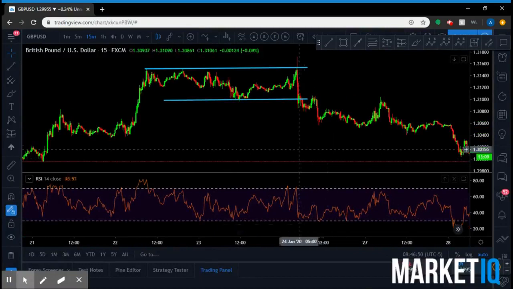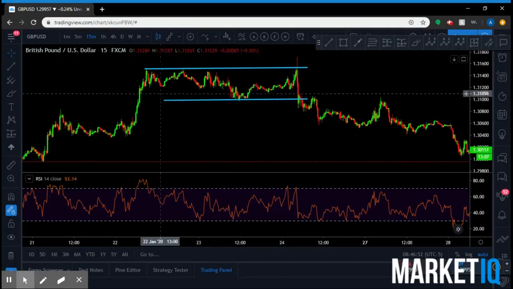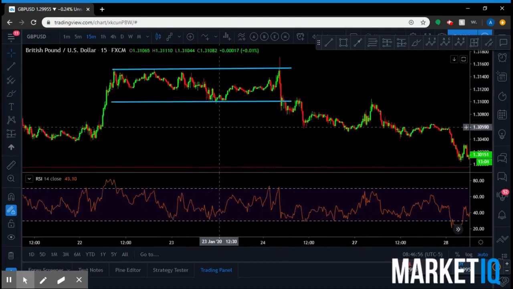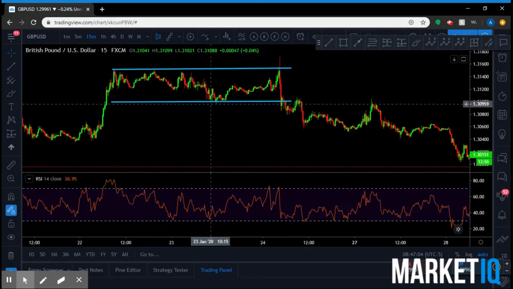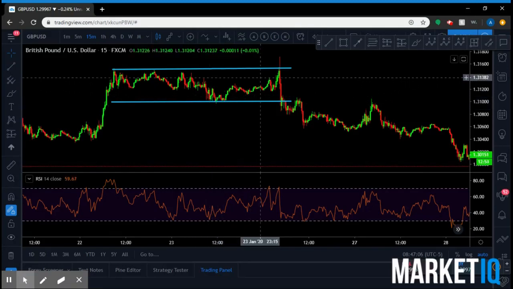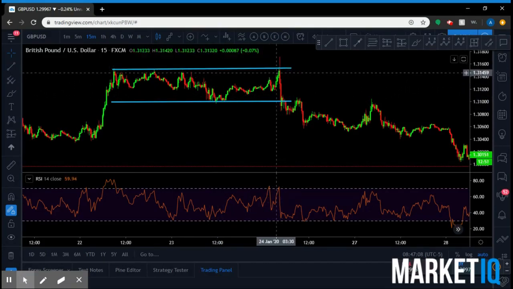As you can see here, in this sideways market, the RSI was able to tell us when to sell and also when to buy. And again, when to sell right here.